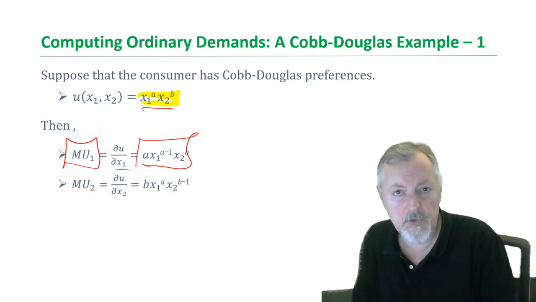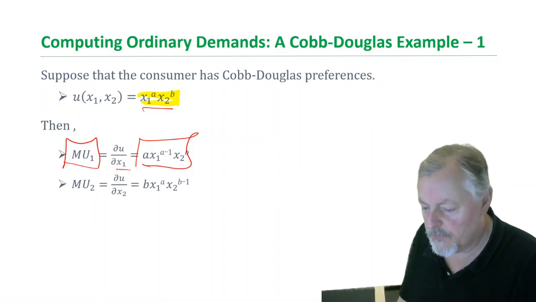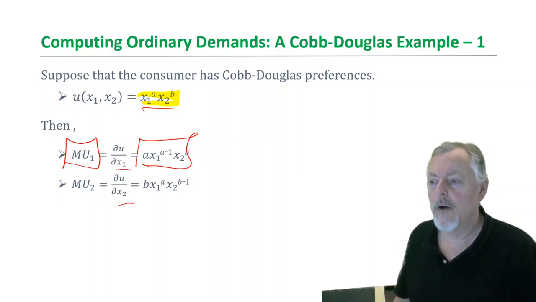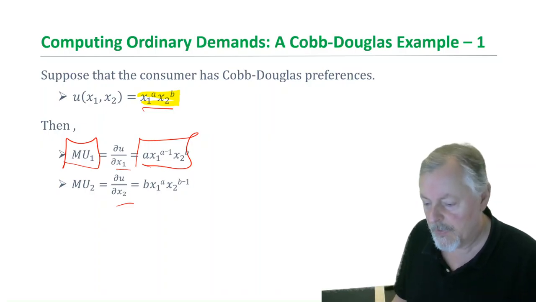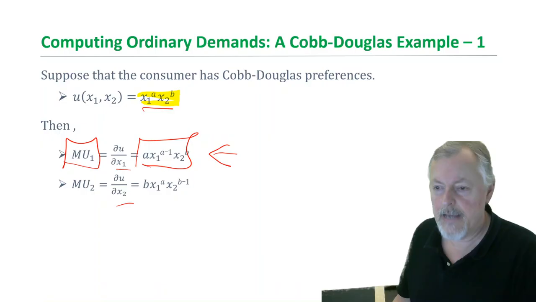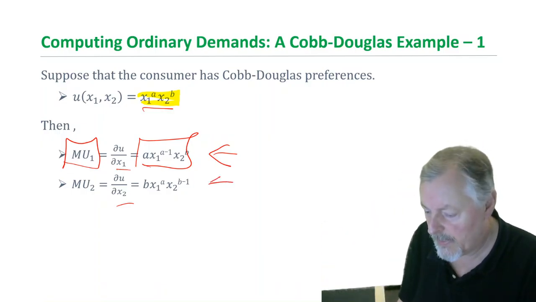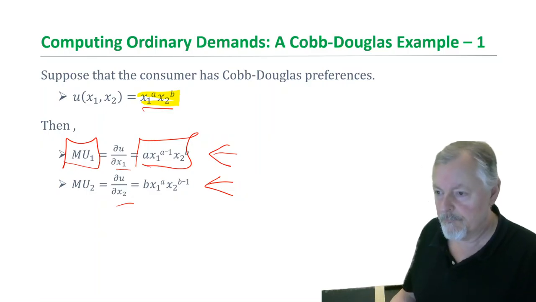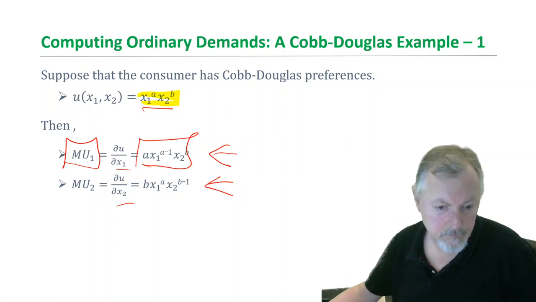And the utility a person gets with these preferences from one more small quantity of X2 is the partial derivative of the utility function with respect to X2. So that is the marginal utility of commodity 1, and that is the marginal utility of commodity 2.